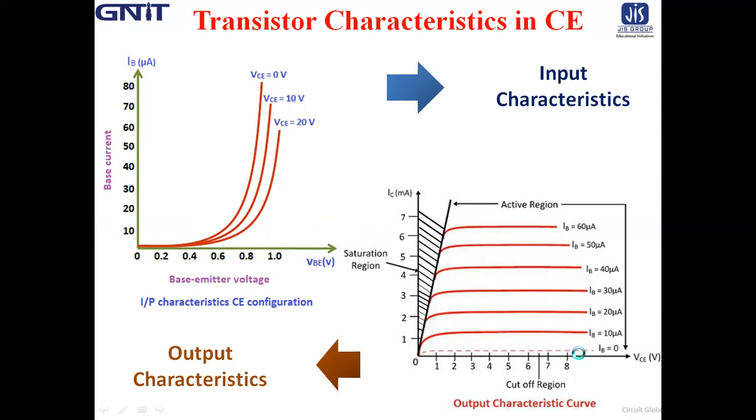Again similar, in the saturation region, collector current increases sharply with the increase of VCE and then attains a saturation value, which in some books is called VCE sat.